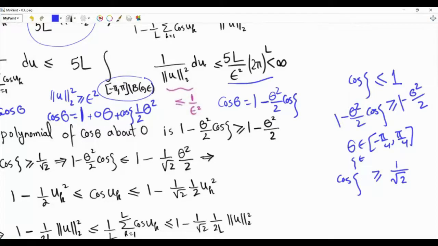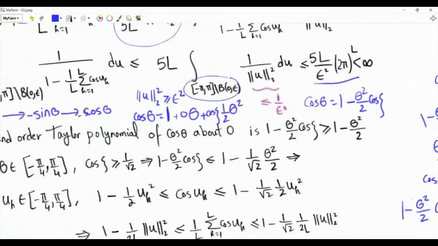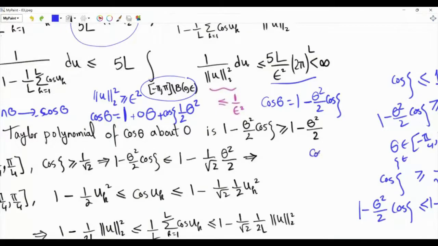Now again, multiply by the non-positive quantity minus theta squared over 2. So minus theta squared over 2 cosine zeta is less than or equal to minus theta squared over 2 times 1 over square root 2. Add 1 to both sides. And now we have that 1 minus theta squared over 2 cosine zeta is less than or equal to 1 minus theta squared over 2 times 1 over square root 2. So now we have a sandwich. We have cosine theta, which is 1 minus theta squared over 2 cosine zeta. This is lower bounded by 1 minus theta squared over 2.